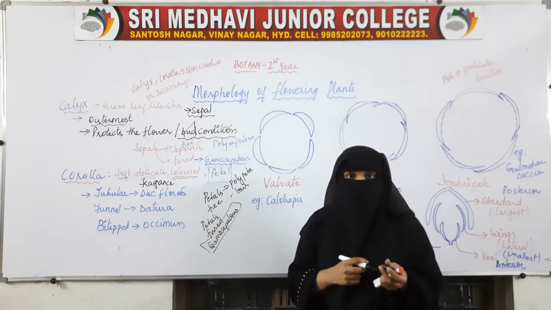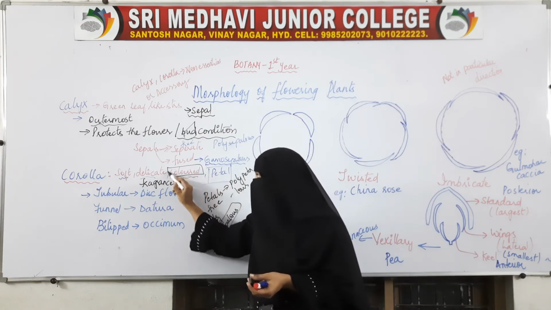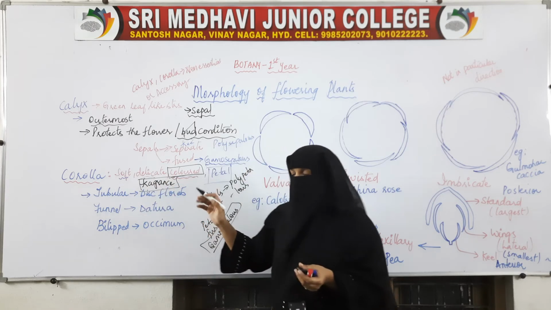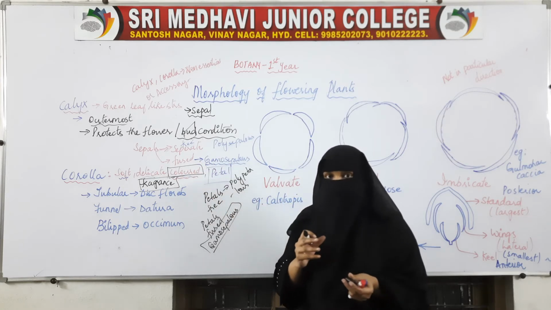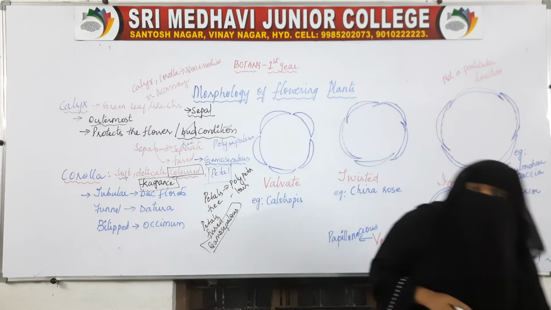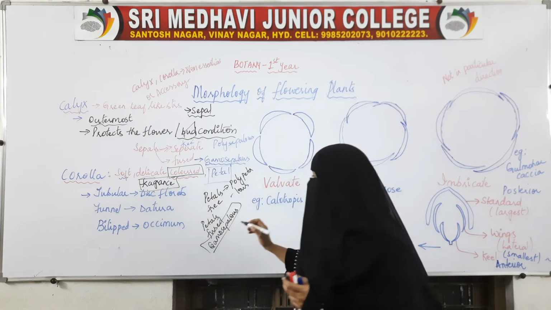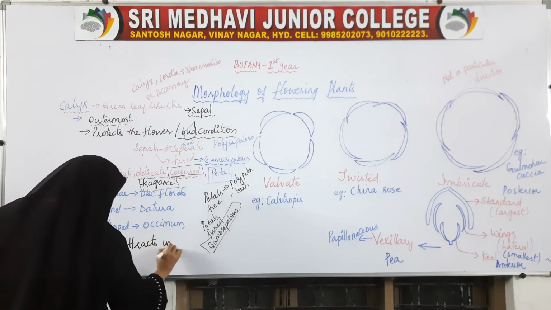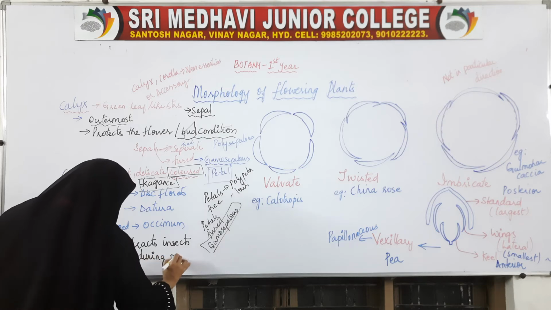Because of these two characters, the bright, variety of colors and the fragrance, the major function of the corolla is to attract insects during pollination.